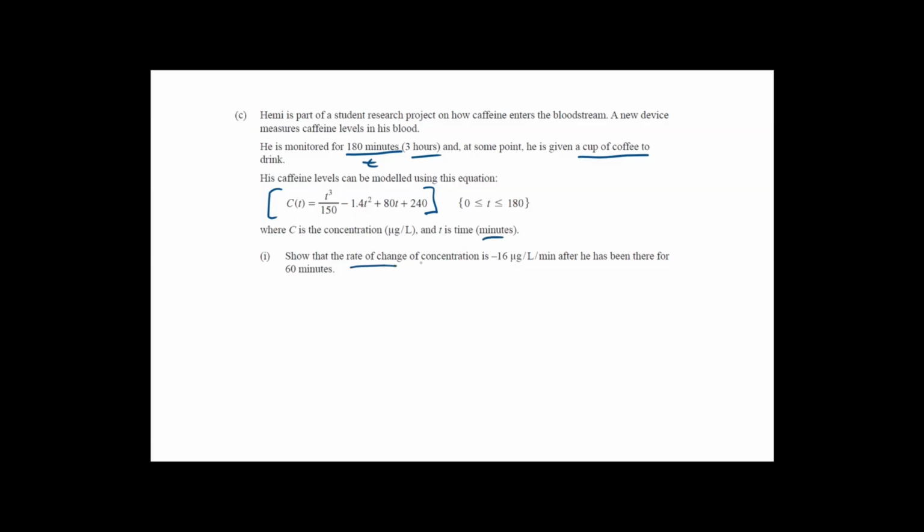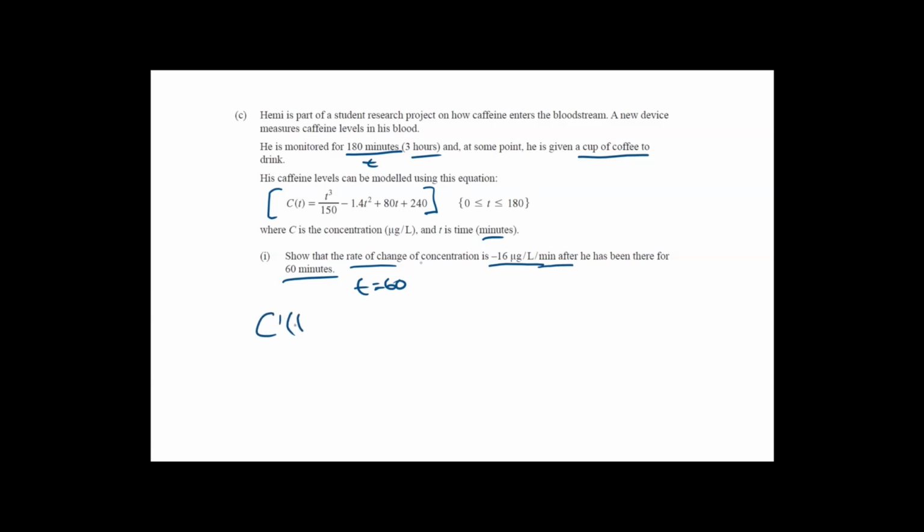Okay, show that the rate of change of the concentration is minus 16 micrograms per litre per minute. It's an interesting unit. After he's been there for 60 minutes. So when t is 60, find the change in concentration. So C of t is that.